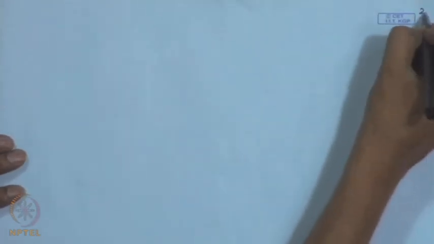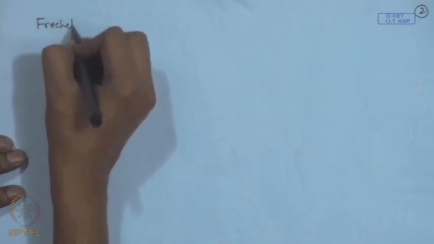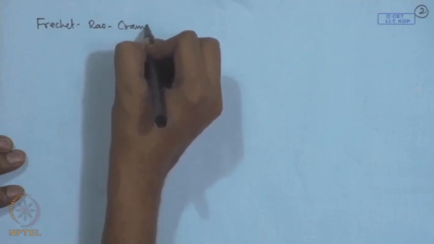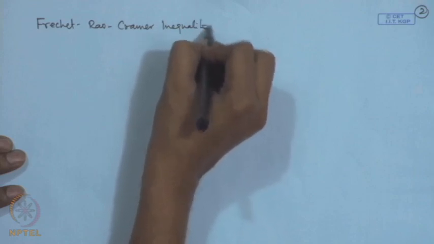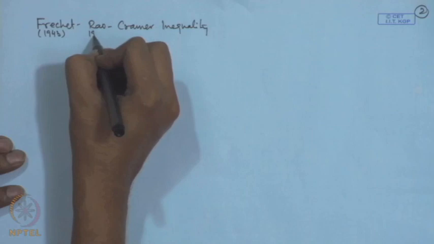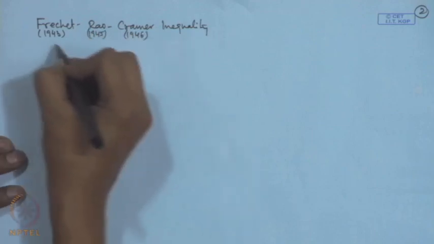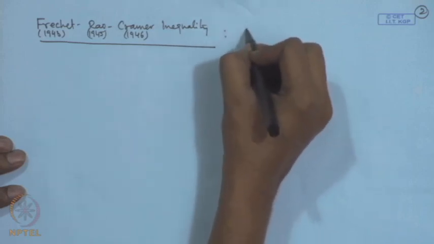Under these conditions, we have the following inequality. I will call it the Frechet-Rao-Kramer inequality, because Frechet's paper appeared in 1943, Rao's paper appeared in 1945, Kramer's paper appeared in 1946. So, they all seem to have done it independently.